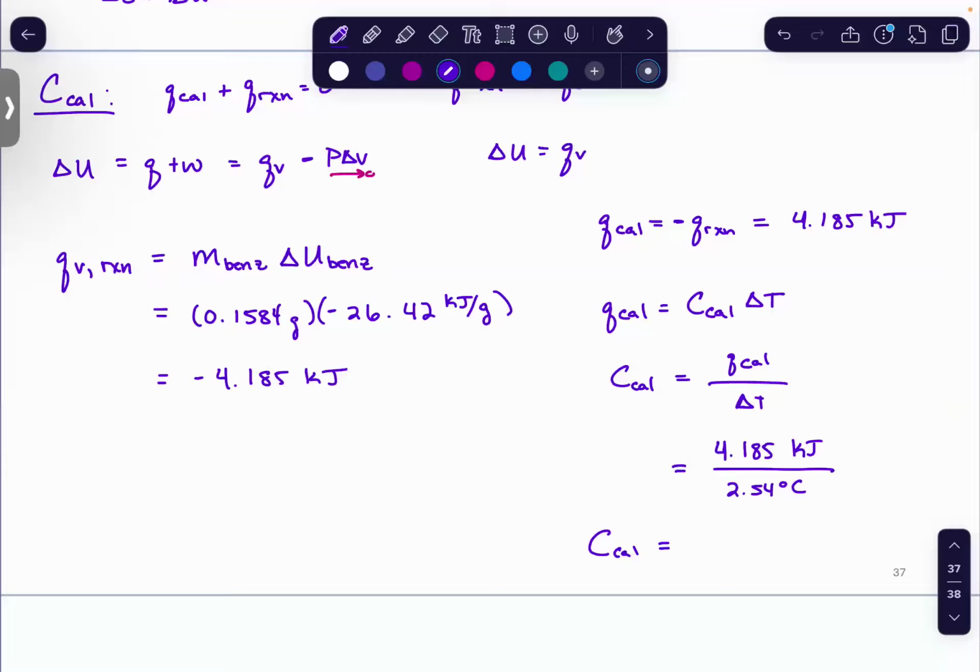So our first answer is going to be 1.65 kilojoules per degree Celsius. Okay, so now we have the heat capacity of our calorimeter.